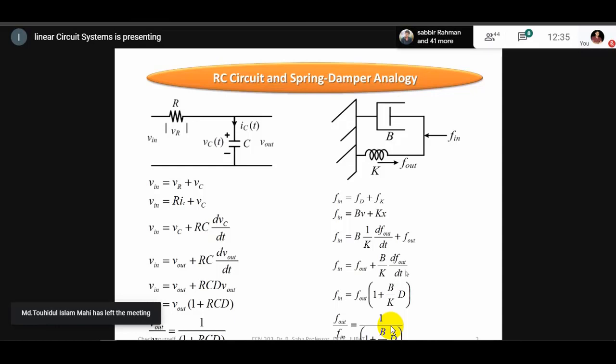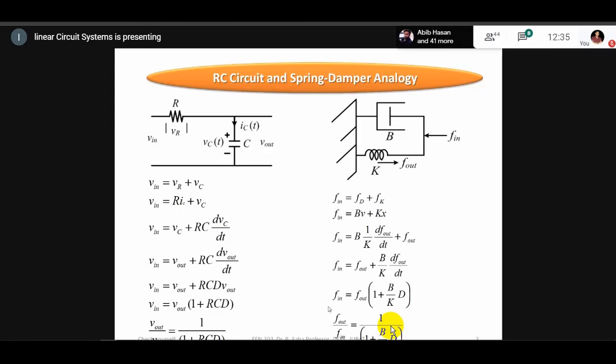That analogous can define their transfer function itself. On the left side, it shows the RC circuit and its transfer function. The right side shows the analogous of the RC circuit and its transfer function.